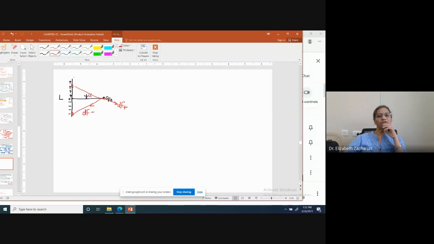If I call this angle theta and this angle is theta, then this is going to be 90 minus theta, this is going to be 90 minus theta, therefore the force will be in this direction. It is going to be a sine component that will add up. Are you able to see it?